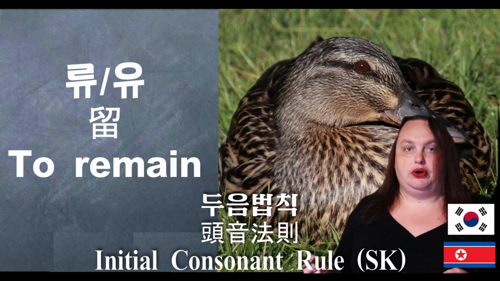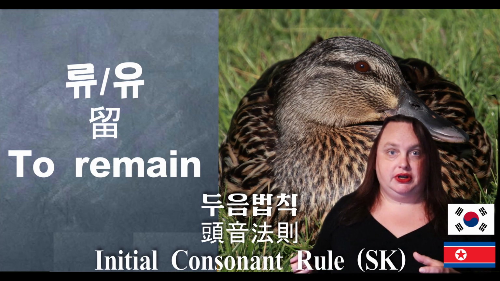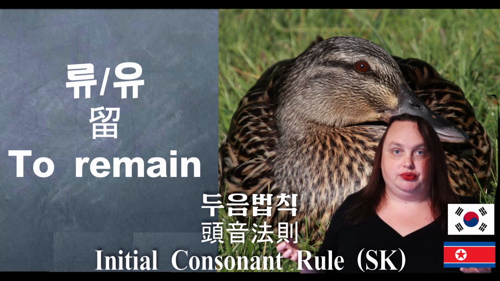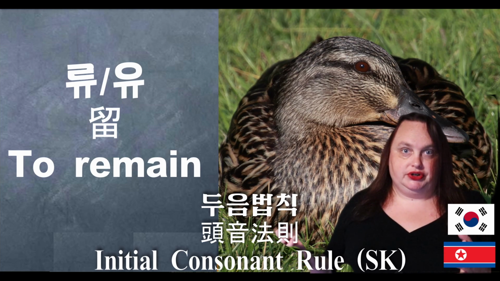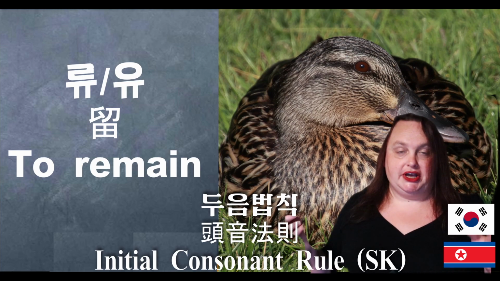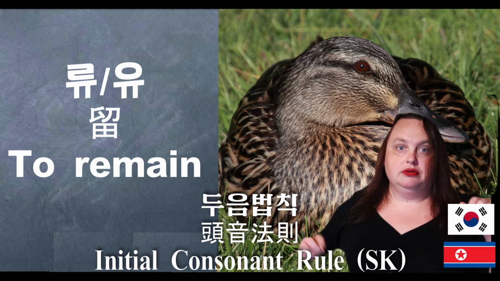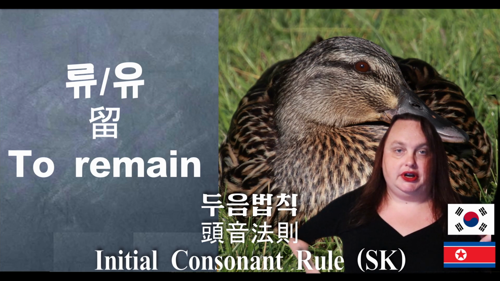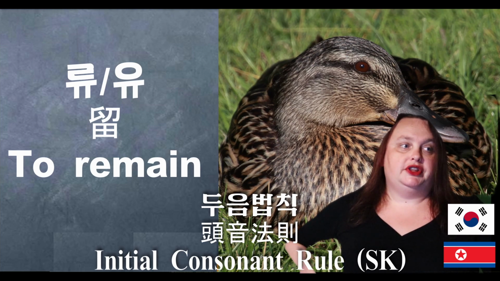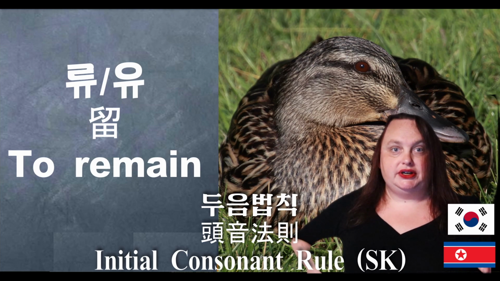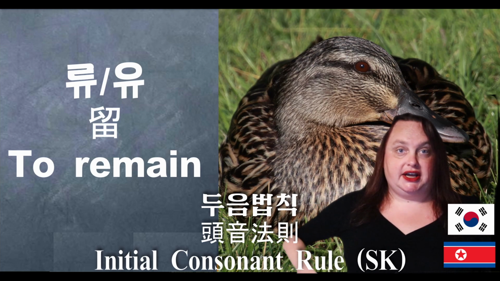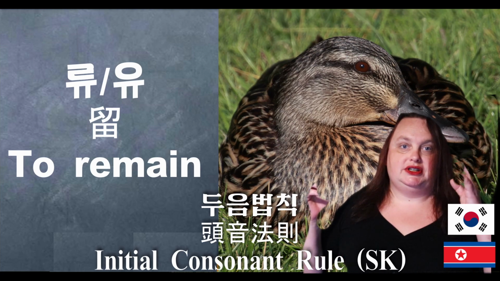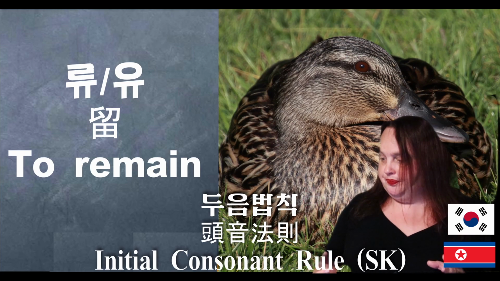This is because of something called the tuum popchik, the initial consonant rule that exists in the South but not in the North, and says that certain consonants can't begin words, and one of them is the RL sound. Another one that you will also see is the N sound, which also gets omitted, or sometimes you will have the RL sound replaced in these things with an N. In this case, though, with ryu, it's just omitted and becomes yu.